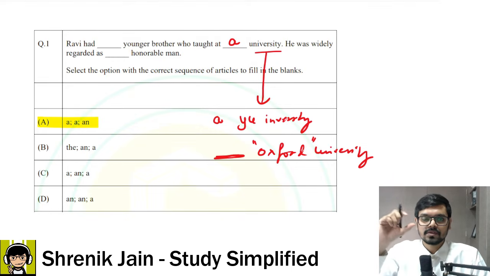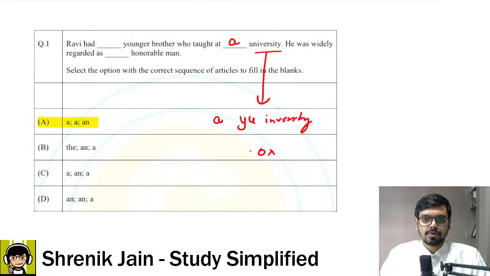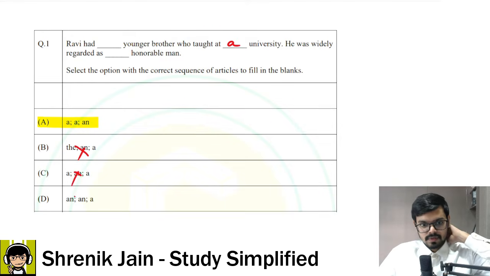Then we don't search for the sounds. Prestige is there, so we use the as the article. This is just for knowledge, but I hope you got the answer. It's a university and not an university. So a university is present only in option A, so option A is correct.